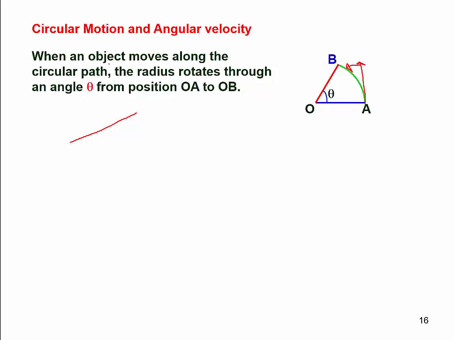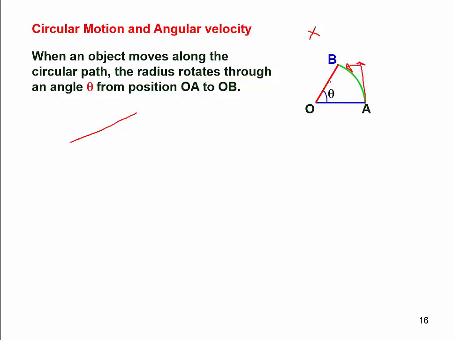Now, when an object moves along a circular path, the radius, look at that, this is the radius. The radius rotates through an angle theta. So in the case of linear motion, we talked about the change in position in terms of x. In the case of rotational motion, what is changing is the angle theta.